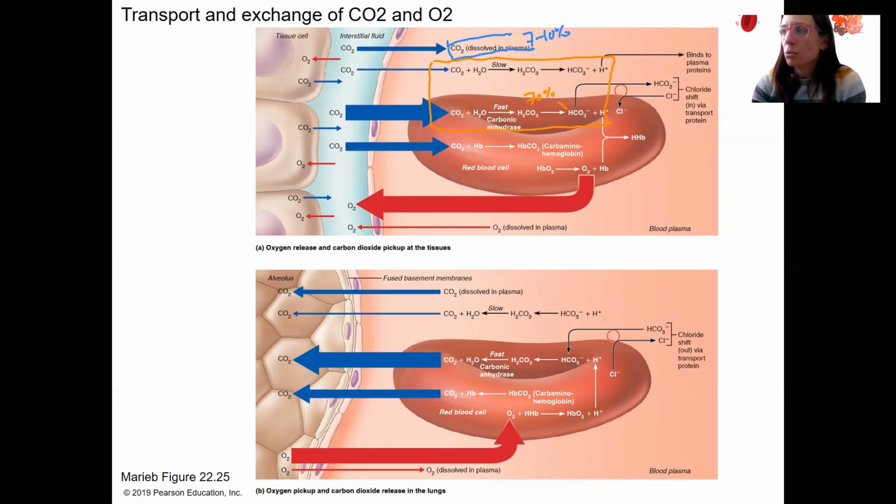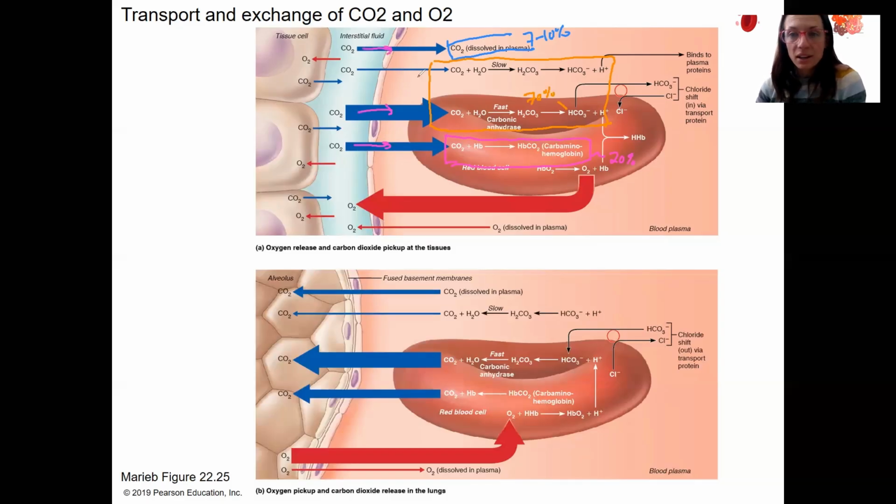Then number 3, we've got carbon dioxide binding to hemoglobin. Carboaminohemoglobin is formed. There it is. And this is the 20%. This is all happening primarily in this direction, in the tissues of the body.